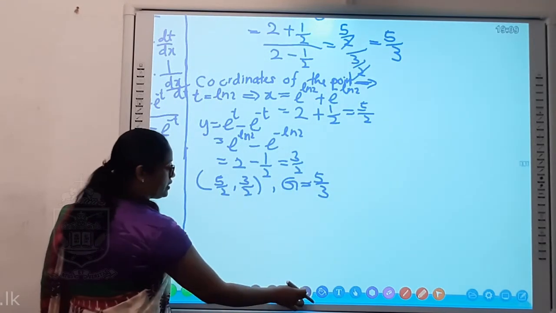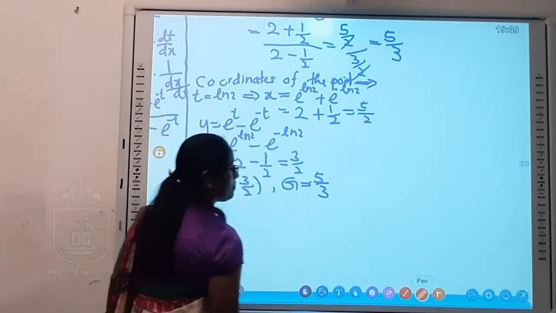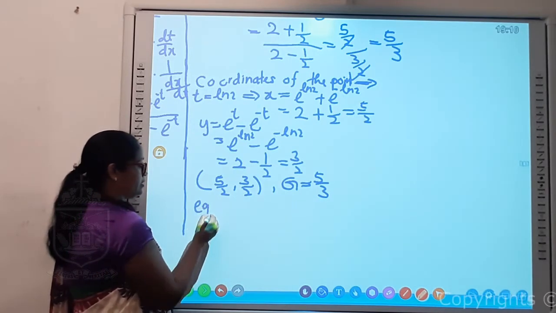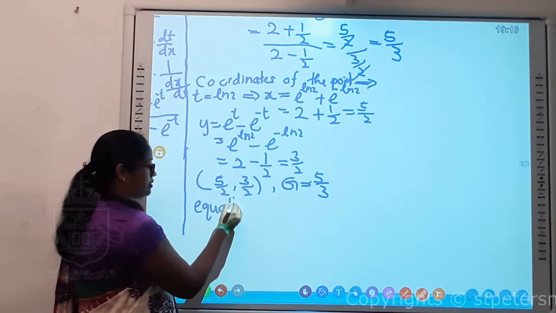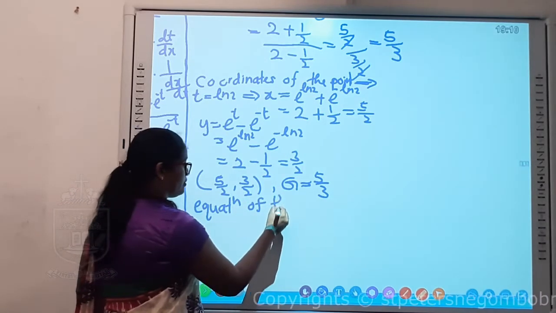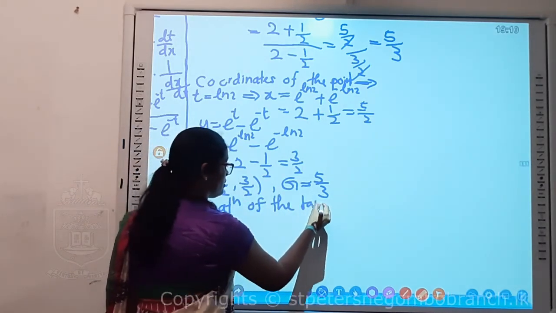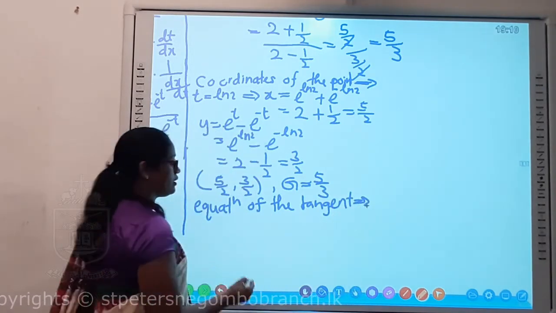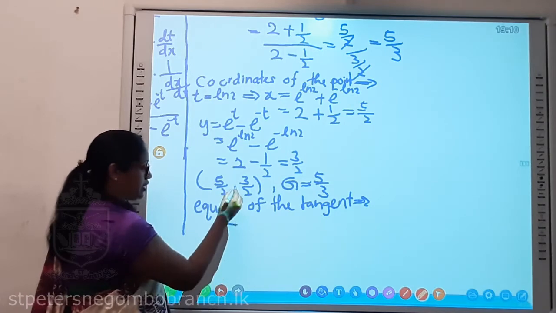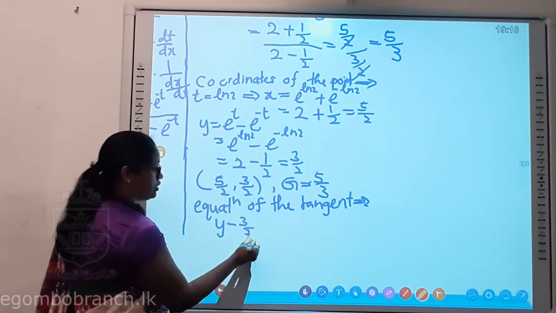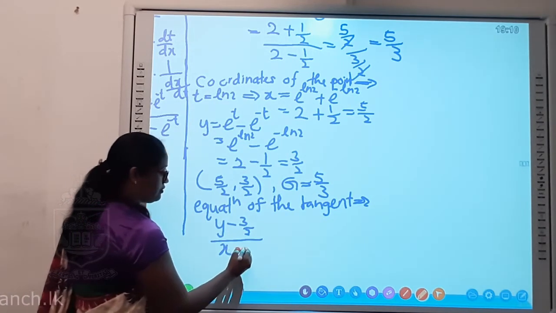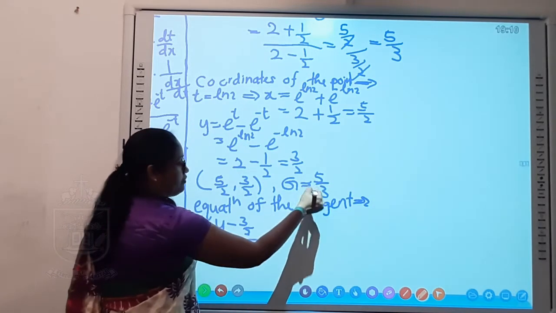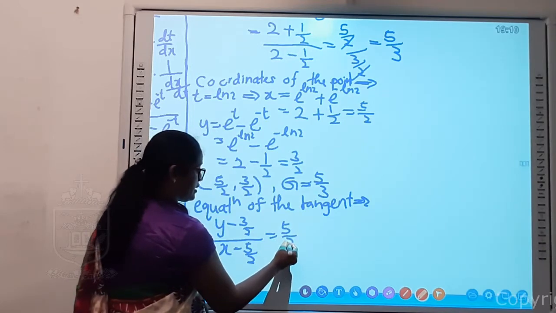So the equation of the tangent, with the general point, we can write: y minus the y coordinate 3 over 2, over x minus the x coordinate 5 over 2, is equal to the gradient we found, 5 by 3.